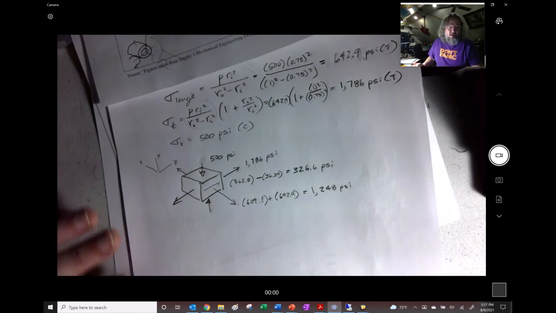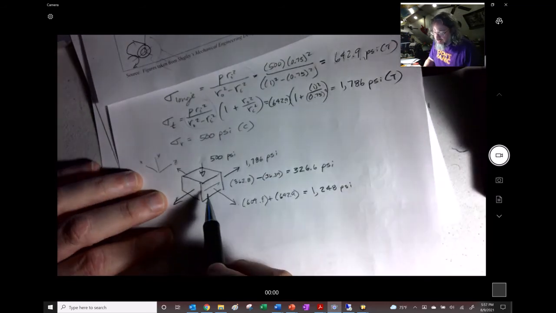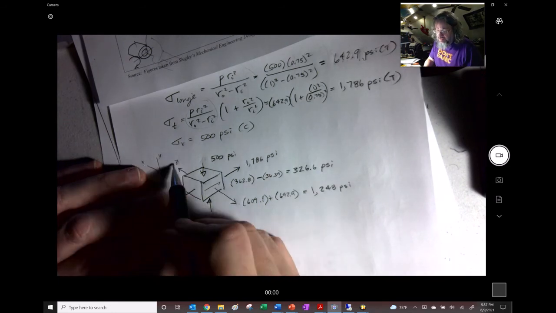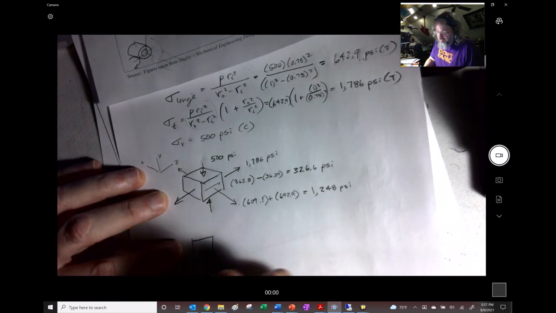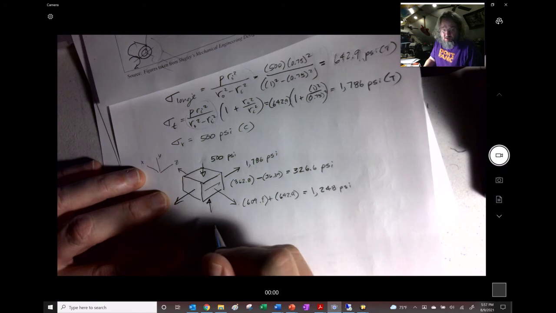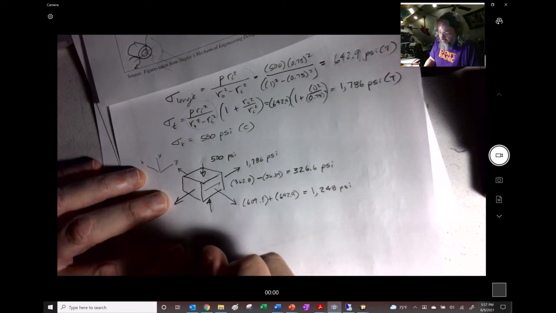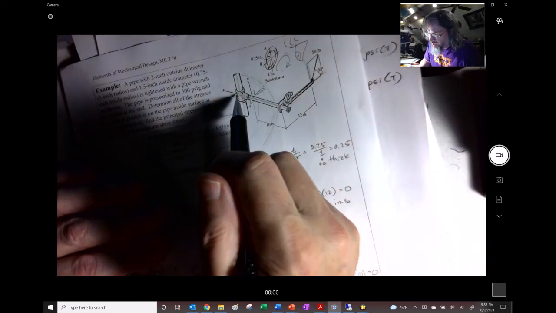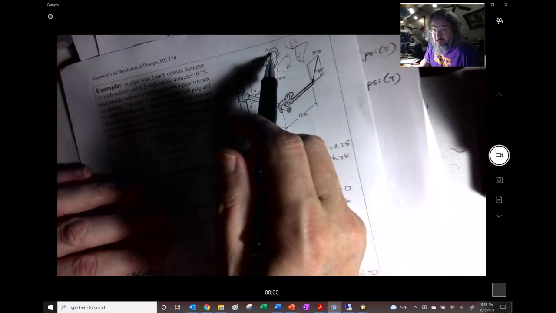So doing all of that, let's only look at the XZ direction. Let's summarize this in the XZ direction. I want to look down on this element so that I don't have to see the radial.